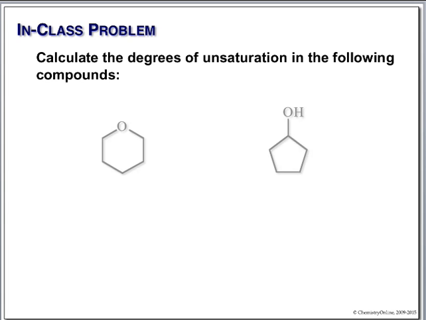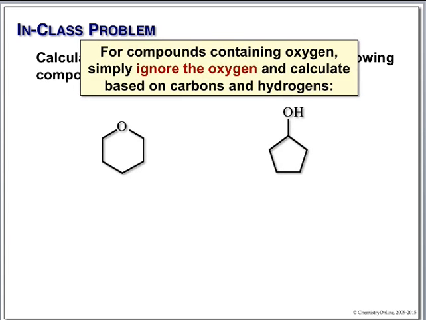But remember, we can also incorporate heteroatoms. For oxygen, it's easy. You just look at it and ignore it. Just pretend it's not there. So, this guy, we're just ignoring the oxygen. We have 1, 2, 3, 4, 5 carbons.